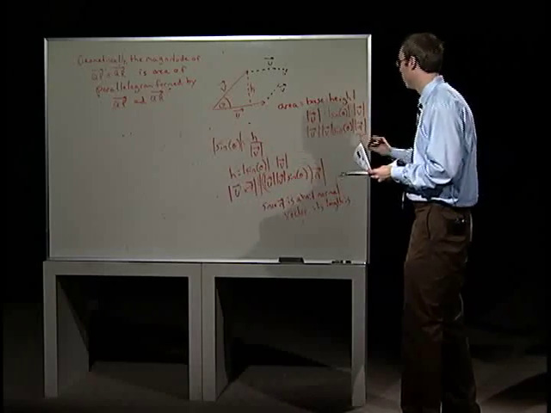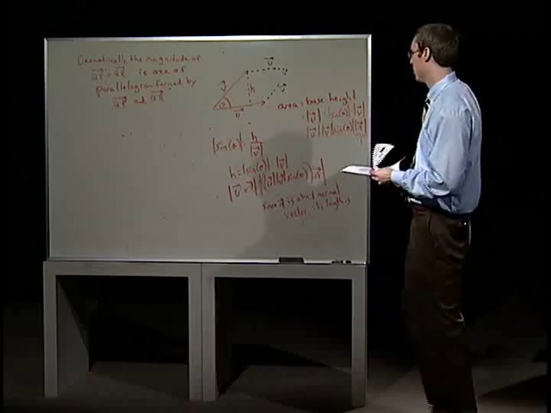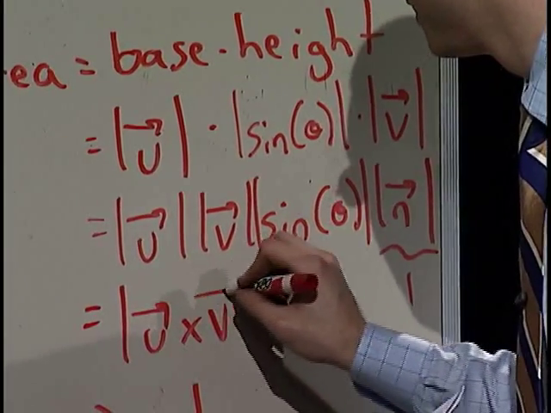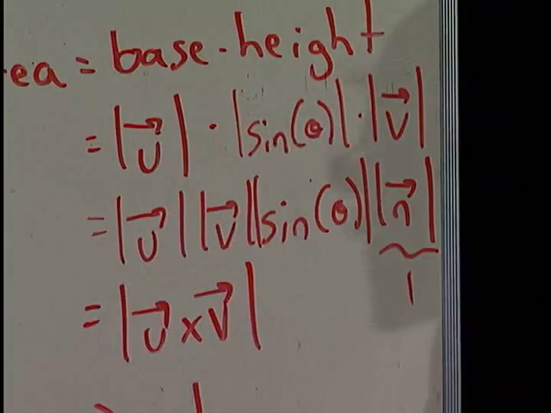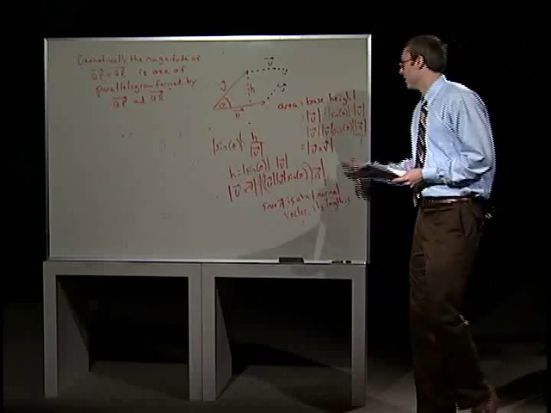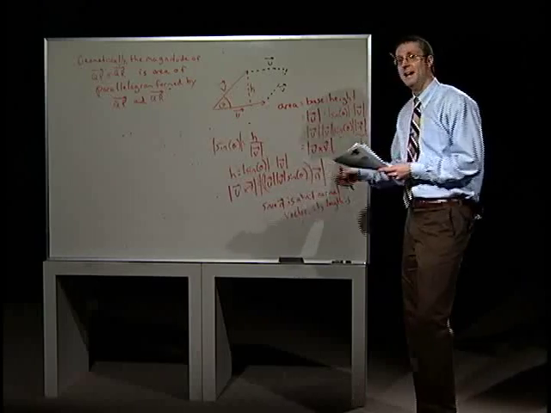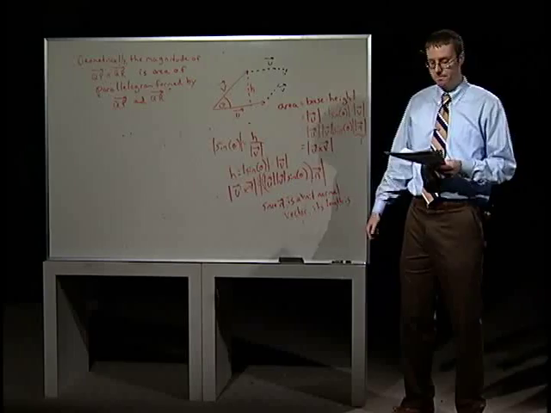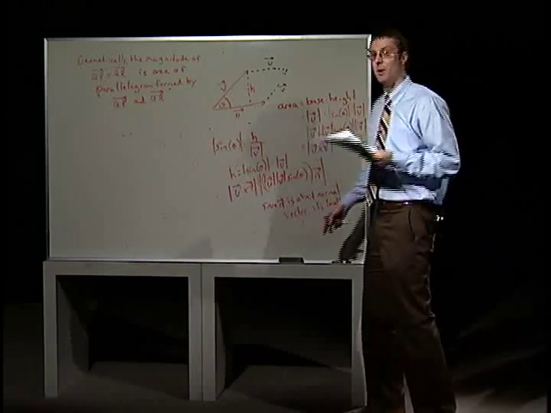Well, this is 1, so it goes away. And so what are we left with? We're left with the length of u cross v. So the bottom line is the length for any two vectors u cross v is the area of the parallelogram formed by those two vectors. Okay? So how is this useful?